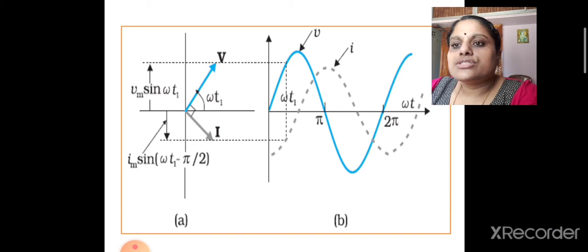The length of vector V must be greater than the length of vector I. In the graphical representation, the applied voltage is denoted by the blue curve, while the instantaneous current is shown by gray dotted lines. The amplitude of current must be lower, and also it must be at its negative maximum when the voltage is 0.